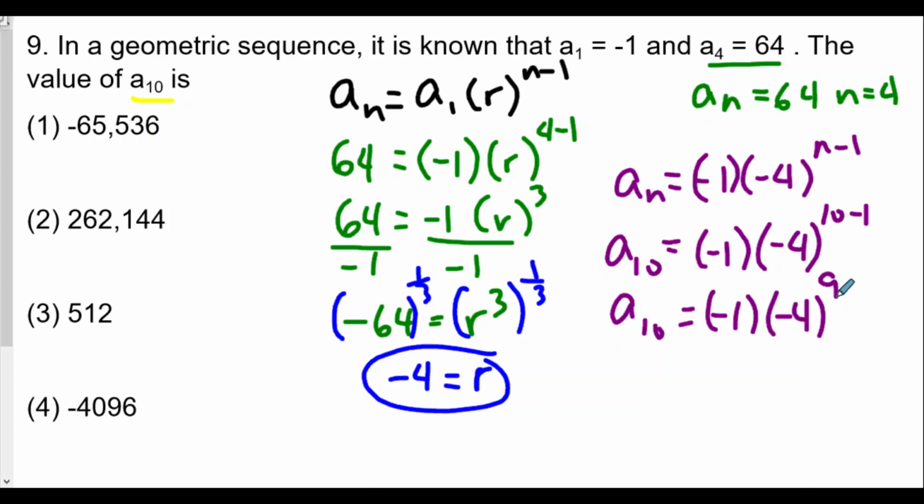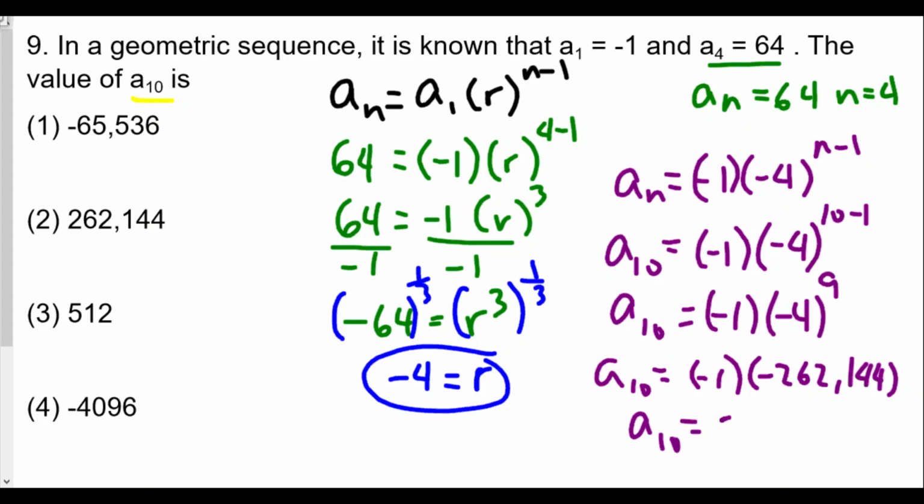We take our calculator and raise -4 to the 9th power, which gives us a really big number: -262,144. When you multiply that by -1, we get positive. So A10 is positive 262,144, and that's our value for A10, what we're looking for. So that's choice 2.